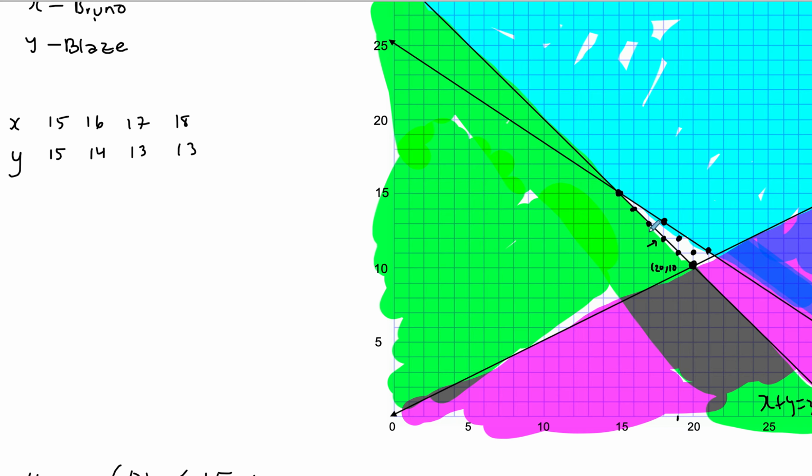Just making sure, because I'm doing it on a software, it doesn't actually show me an accurate answer. Anyways, then I have 19 and 12, 19 and 11, 20 and 11, 20 and 10, and then 21 and 11.